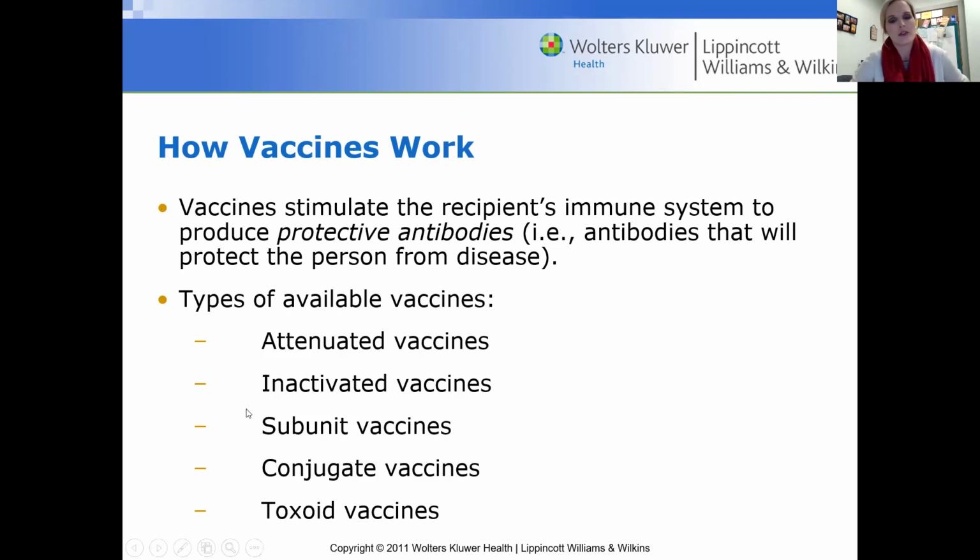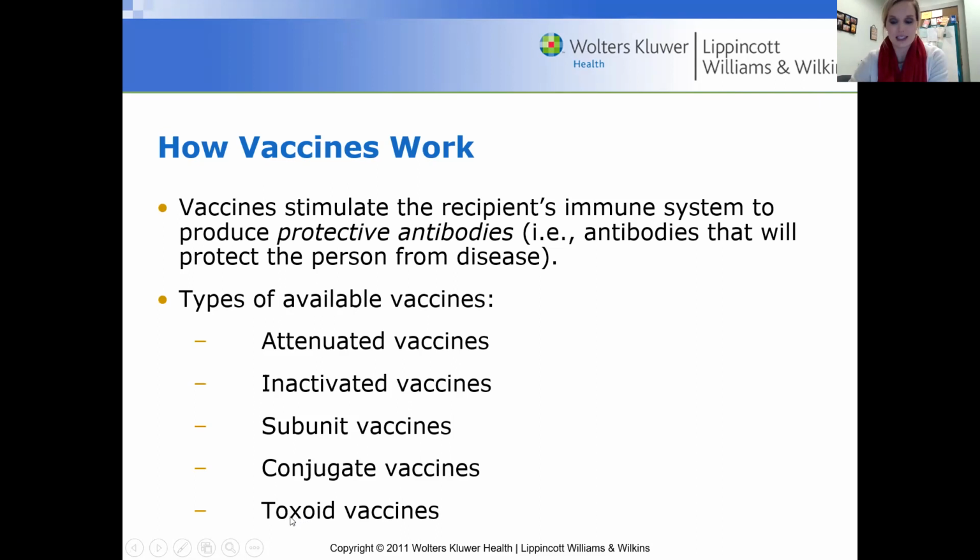So again, the ones I'd focus on so far: inactivated, which are the dead versions of a pathogen, and subunit, which is just a part of the pathogen. And then toxoid. Remember, the definition on the previous slide said it can be a live or dead version of a pathogen, or sometimes just the toxins that they produce.